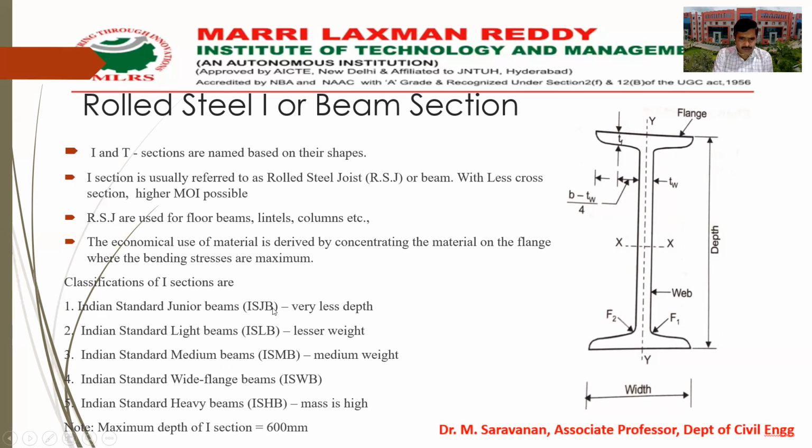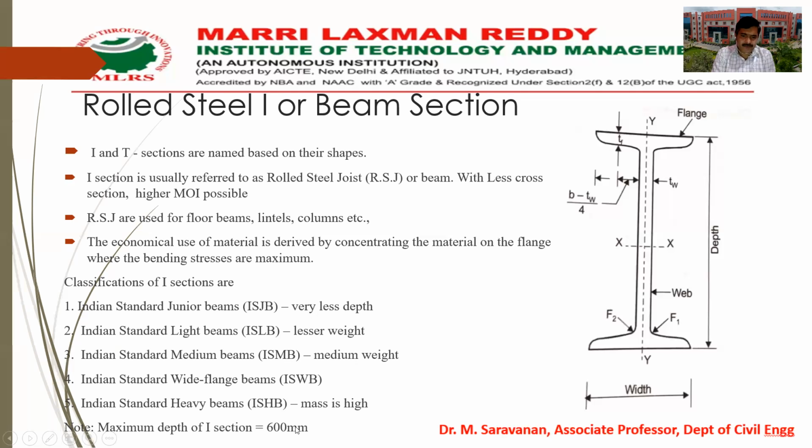So Indian Standard Junior Beam means it will have very little depth, lightweight beam means lesser weight, medium weight beam means medium weight, and wide flange beam means the width of the flange will be more when compared to these above beams. And ISHB means heavyweight beams. The weight is much more than other beams.